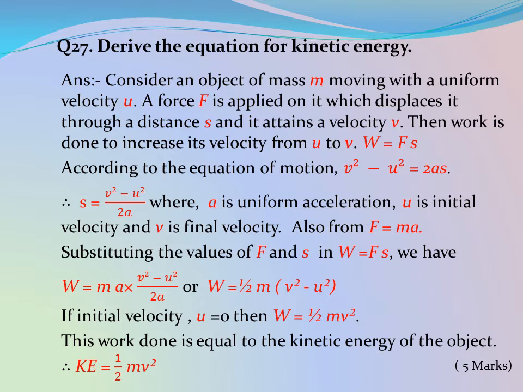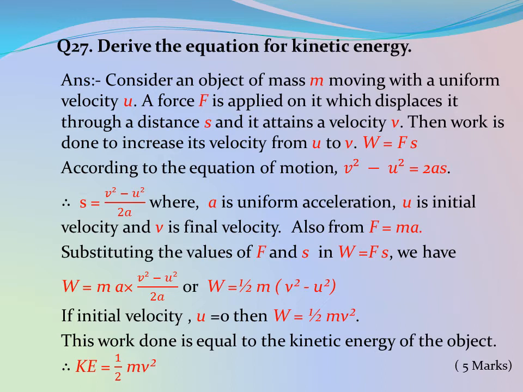Question number 27. Derive the equation for kinetic energy. Answer. Consider an object of mass m moving with a uniform velocity u. A force F is applied on it which displaces it through a distance s and it attains a velocity v. Then work is done to increase its velocity from u to v.